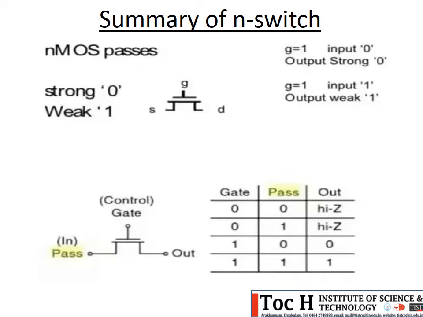For logic 1 at the input terminal, it will pass to the output, but that output will be a degraded one. That is the key point that we need to understand in this session.